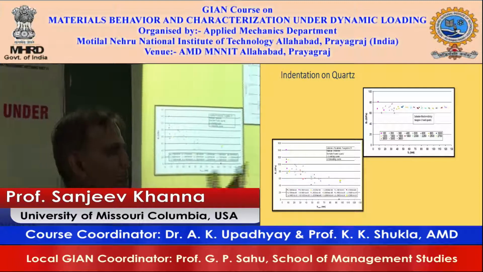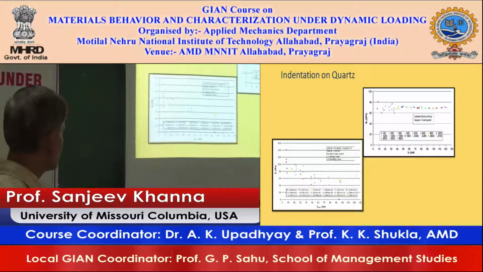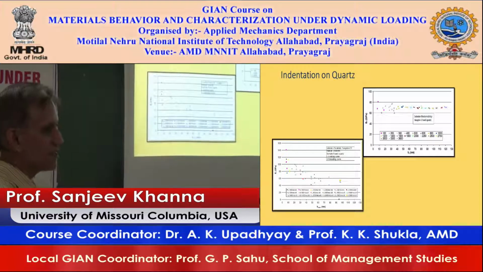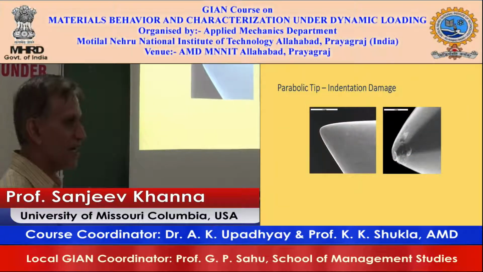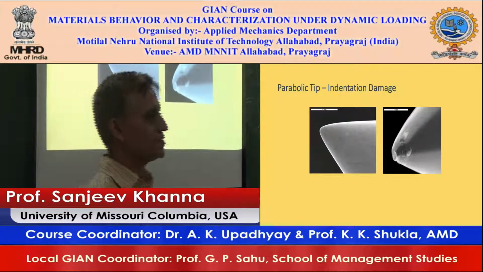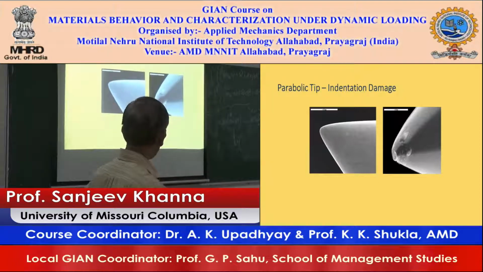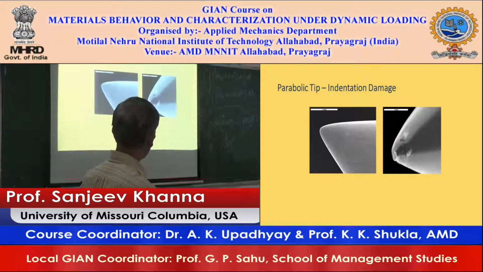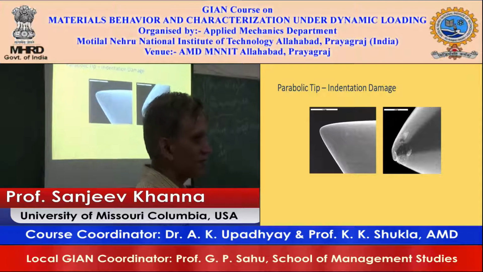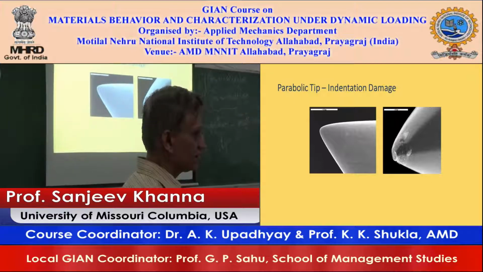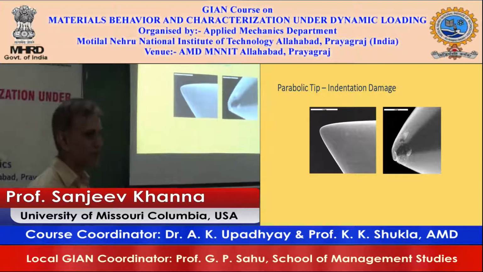The diamond is even harder than the quartz, but the tungsten is not much harder than the quartz. So at higher loads, when you try to make bigger indents in a hard material with a tungsten tip, this is what happens. You see all this damage, so it's no longer even a parabolic tip. It's become flat. So you start getting all sorts of bad numbers for the elastic portions.